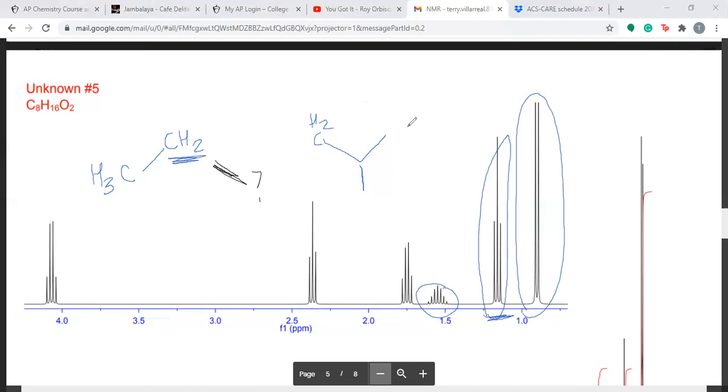So what I'm thinking of is that if this is my proton here, these two are going to be B's here. This is C. And I'm going to guess that this is going to be D. This is going to be E. And then there's one more CH2 here.